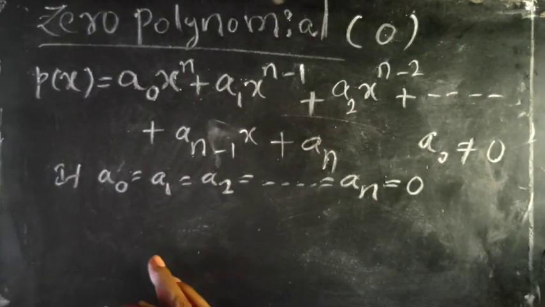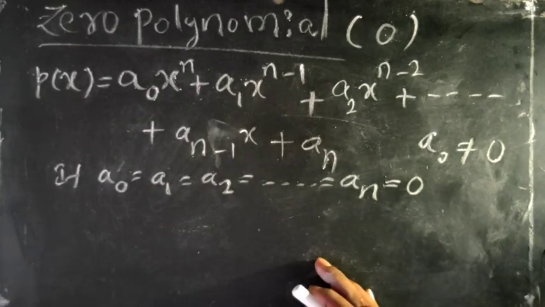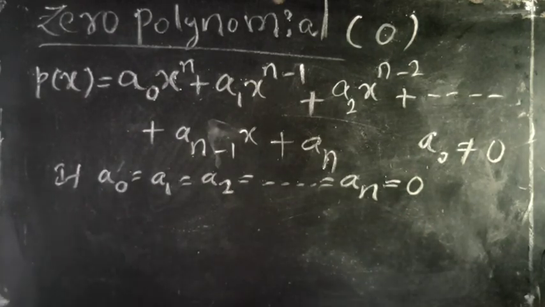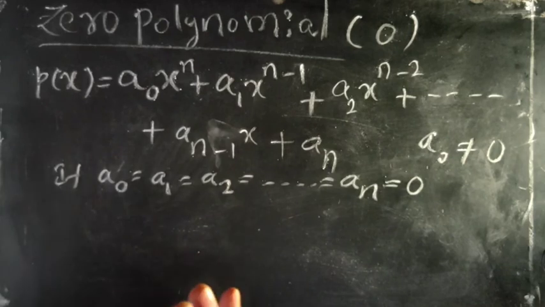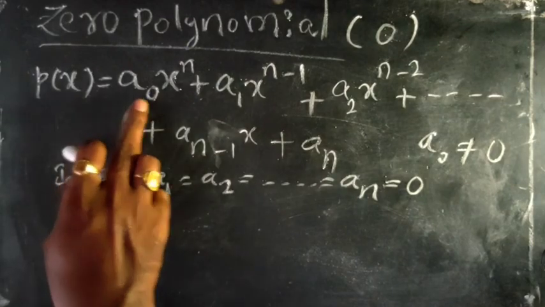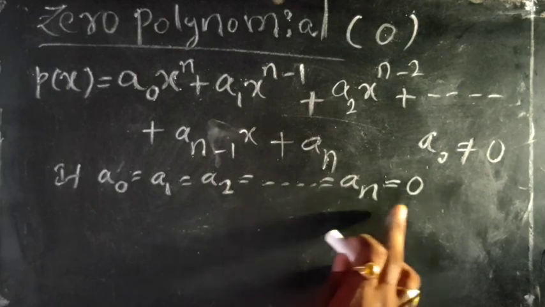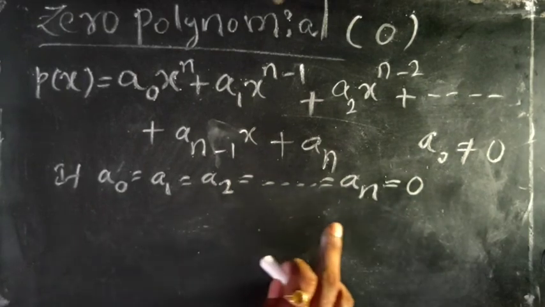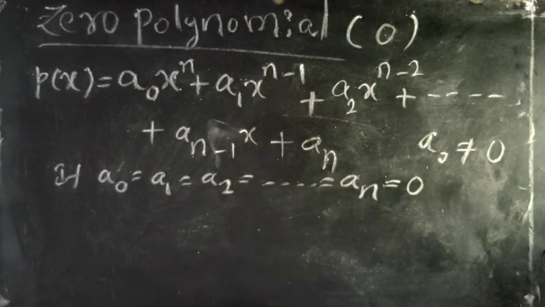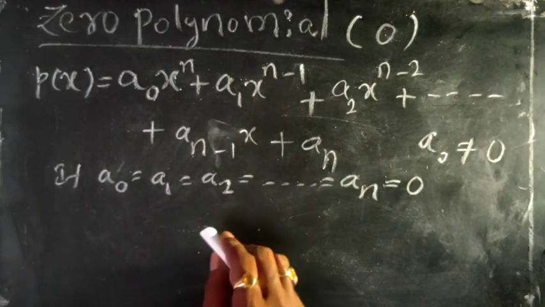Here zero polynomial is different from zeros of a polynomial. Zeros of a polynomial are some values, but zero polynomial is a polynomial, nothing but its value is equal to 0. Is it clear? Here if a0, a1, a2 and so on, an minus 1, an are all equal to 0, all the coefficients are 0, we get the zero polynomial which is denoted by 0. Is it clear? Right.